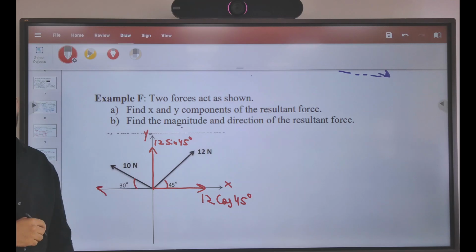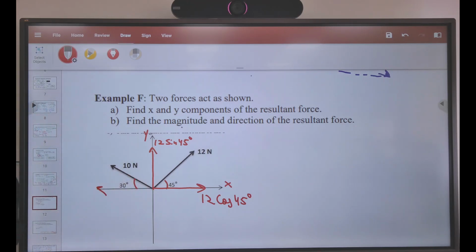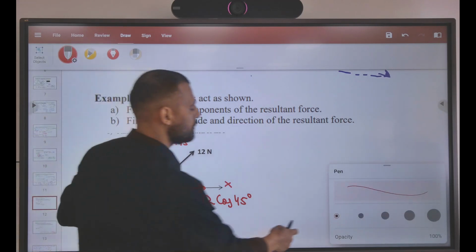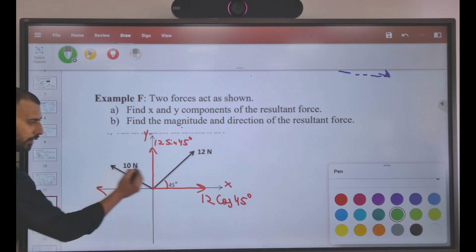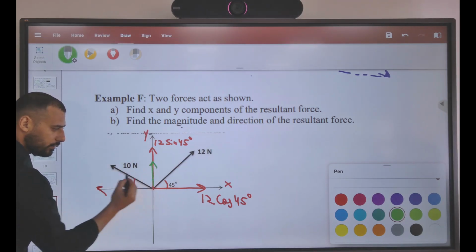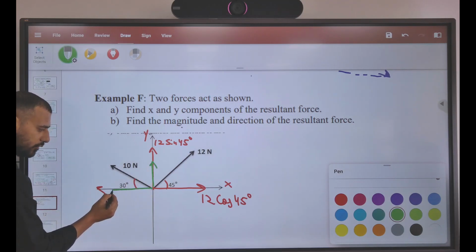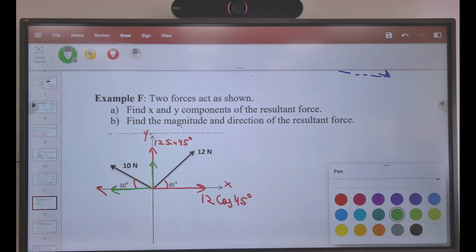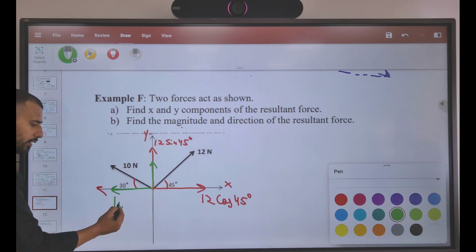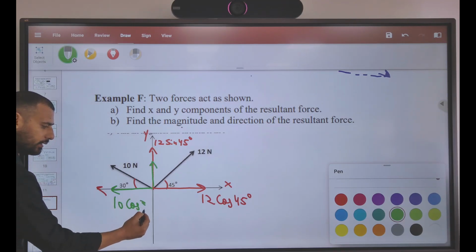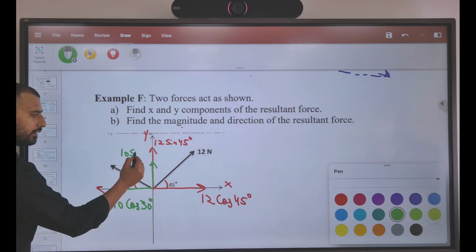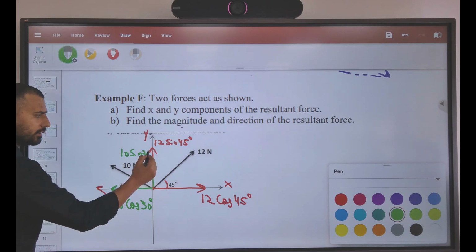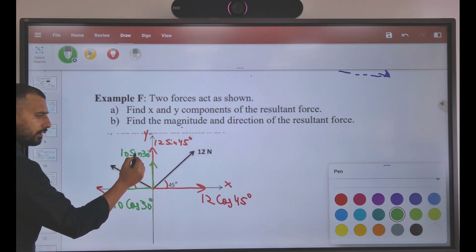Similarly for 10 newtons, the resolution will give me two components again. This will be 10 cosine 30, and this will be 10 sine 30. Is that fine?